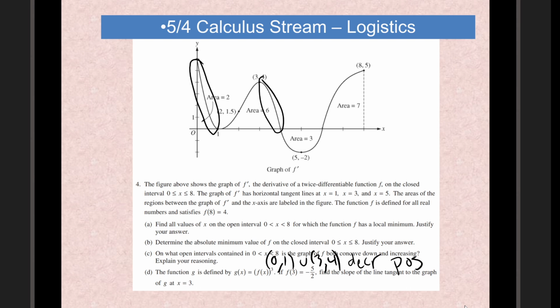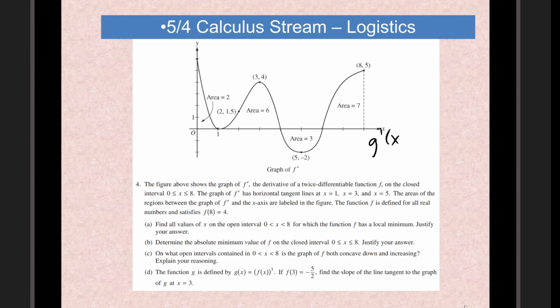Then the last question says the function g is defined by g of x equals f of x cubed. So if I take the derivative of g, I get 3 times f of x squared times f prime of x. And we know all these things.